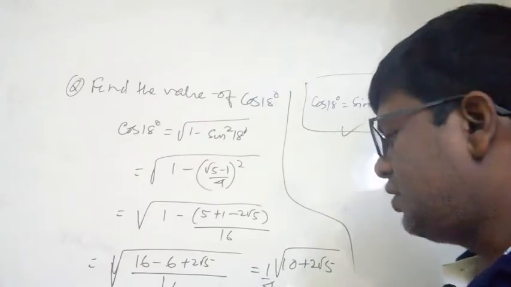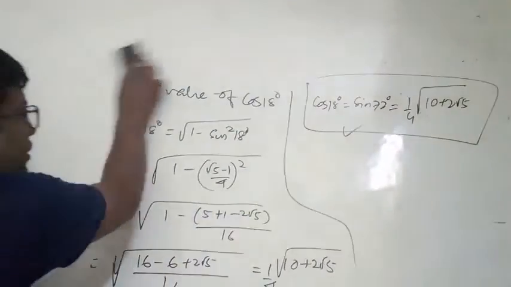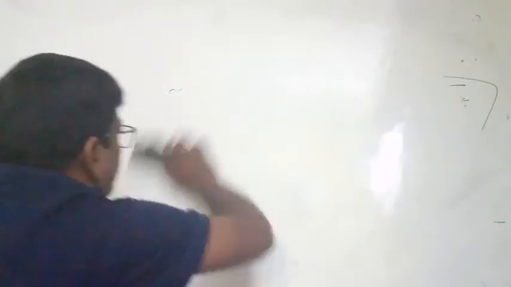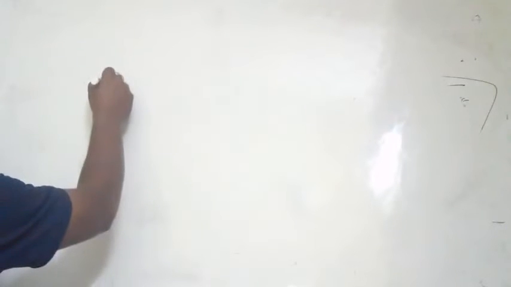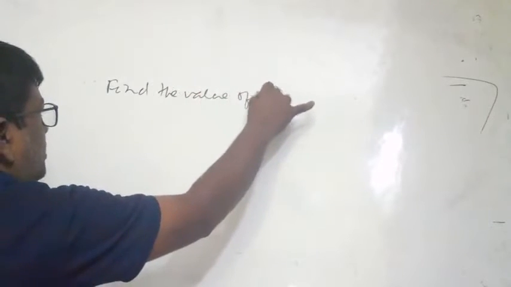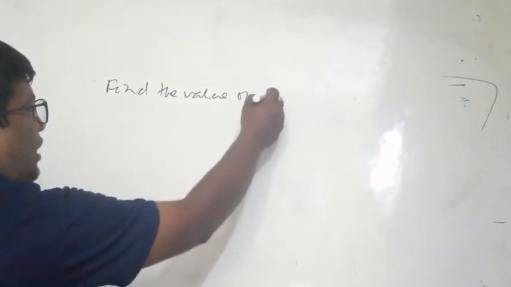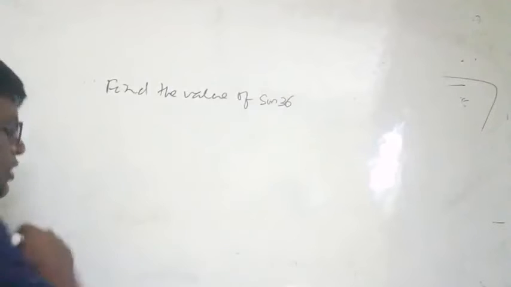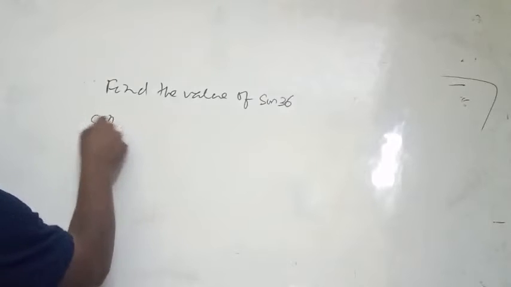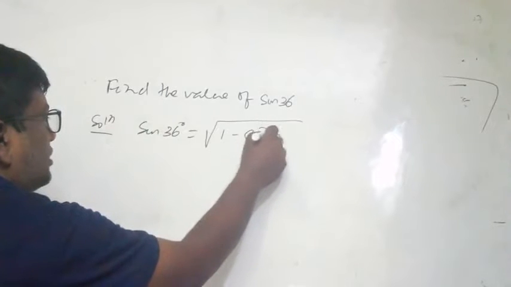Again find the value of sin 36 degree. Cos 36 is already discussed. Okay, so sin 36 degree, solution. Sin 36 degree is equal to root over 1 minus cos square 36 degree.